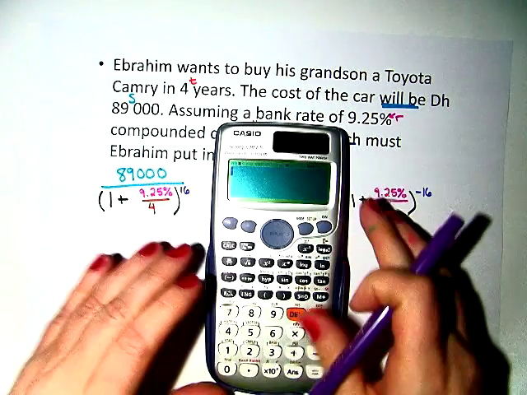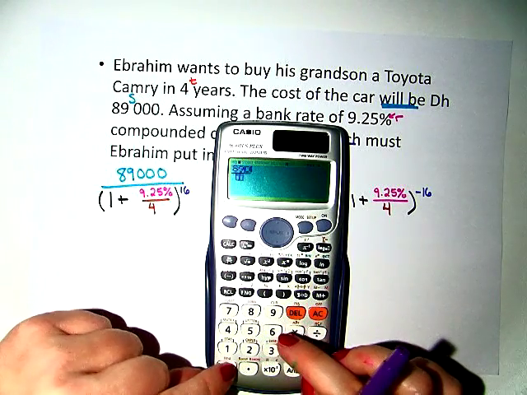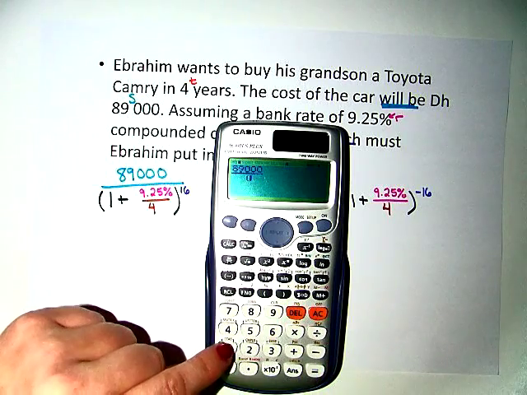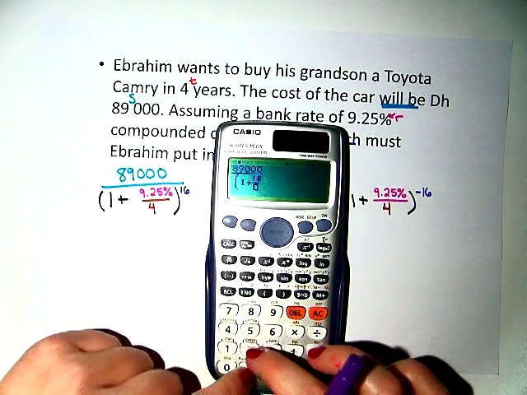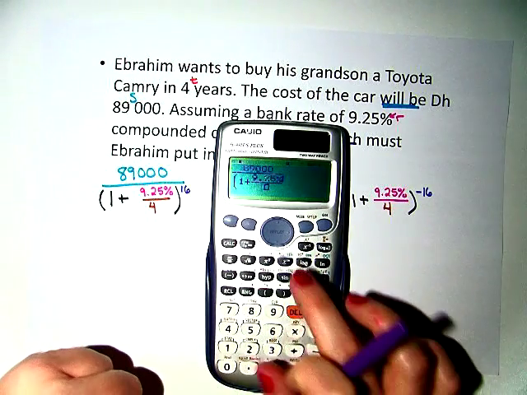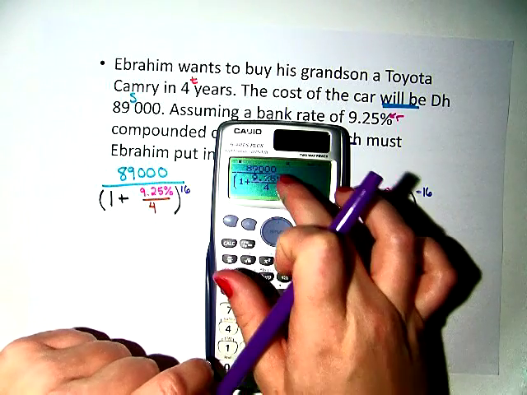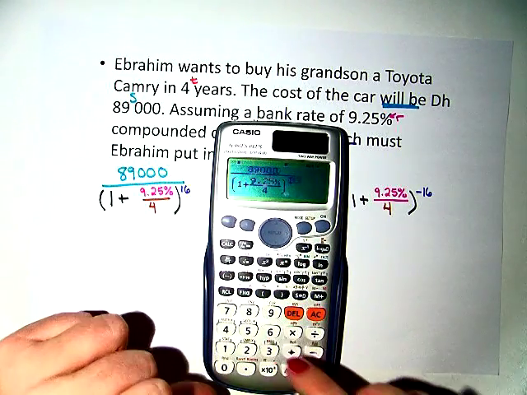Here we go. First one, fraction bar, 89,000 over parentheses 1 plus, we're going to make it a fraction, 9.25% over 4. Close the parentheses, but make sure you close it big ways, not just on 4, raised to the 16.